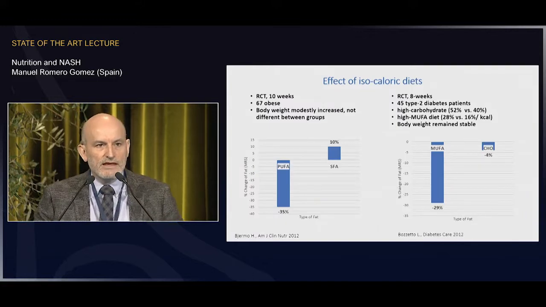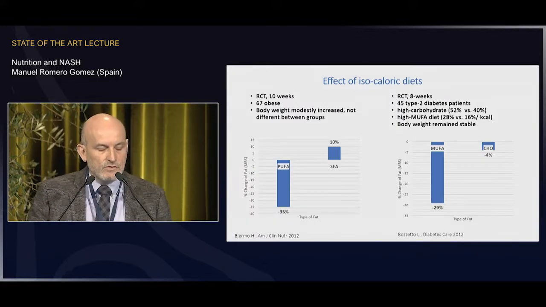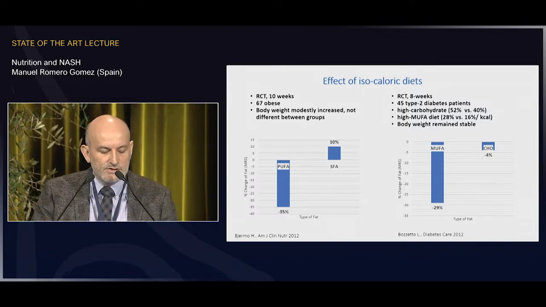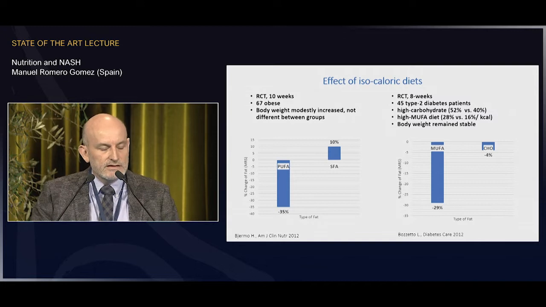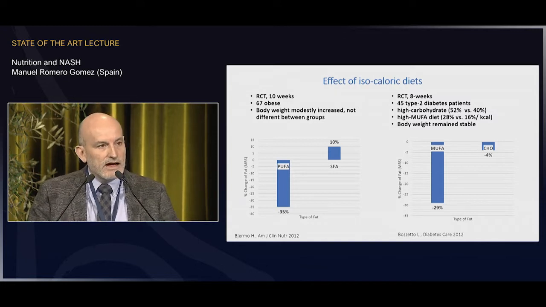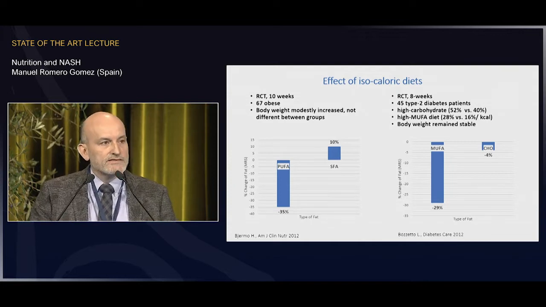But what is happening with the isocaloric diet? It's quite similar. In the left part, you can see a randomized control trial, 10 weeks in 67 obese people, and PUFA decreased fat in the liver by 35%, and saturated fatty acids increased by 10%.